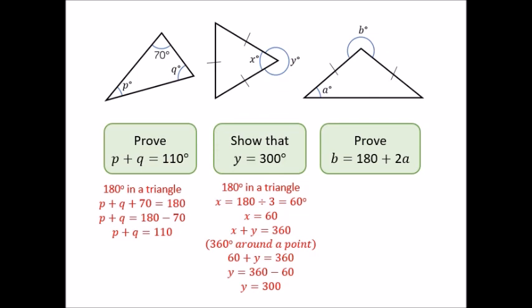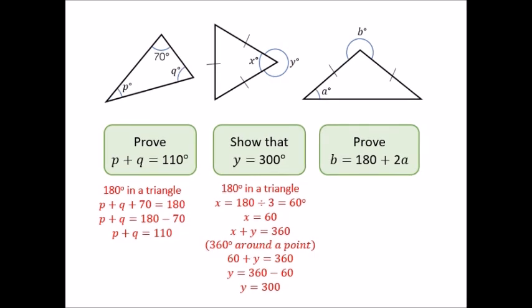If x is therefore 60, then x plus y is equal to 360 because there's 360 degrees around a point. So, if x is 60, then 60 plus y is equal to 360. If I subtract 60 from both sides, that therefore tells me that y has to equal 300 degrees.